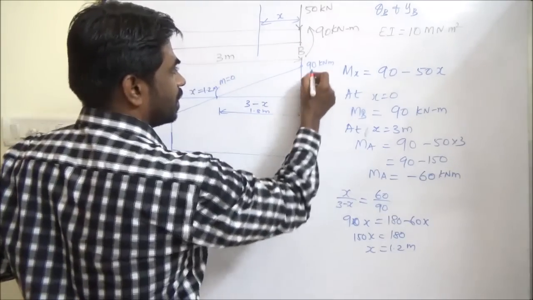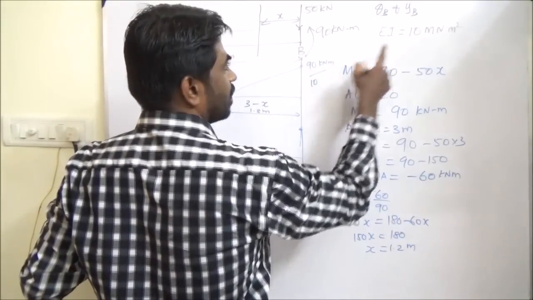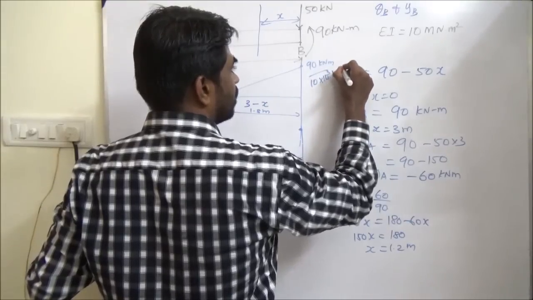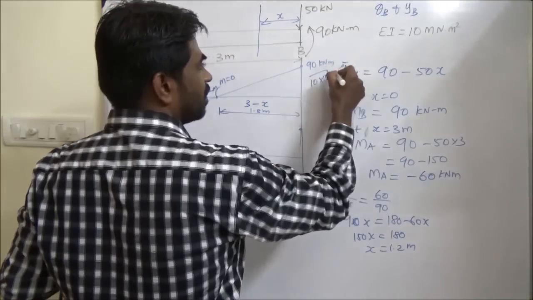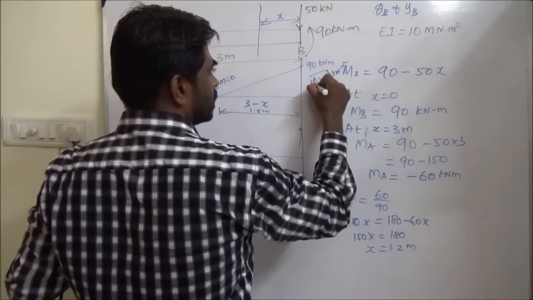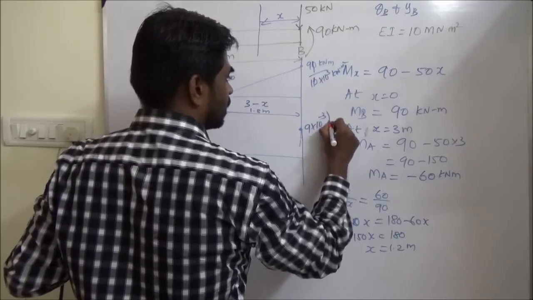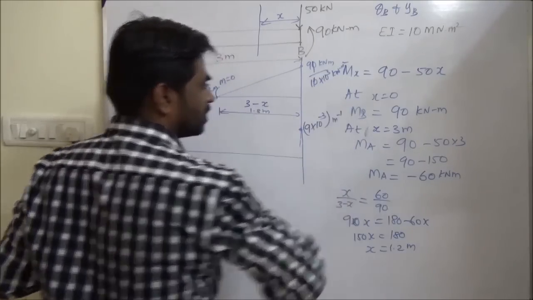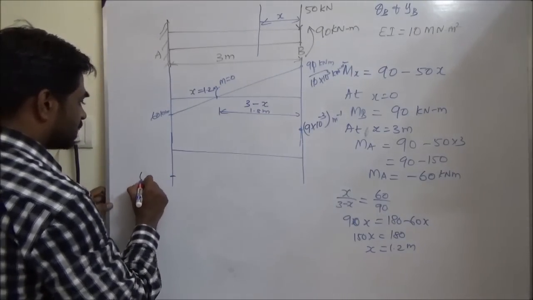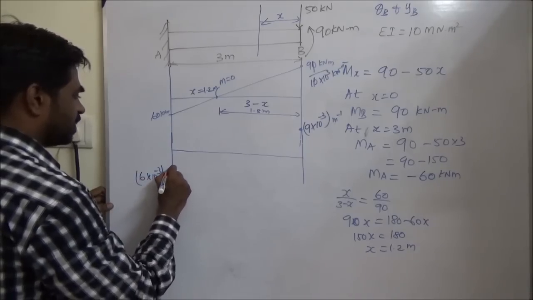So here 90 divided by EI, it is 10 to the power 3 kilonewton meter square, so this is 9 into 10 to the power minus 3 meter. Okay. Similarly, we will get here 6 into 10 to the power minus 3 meter.